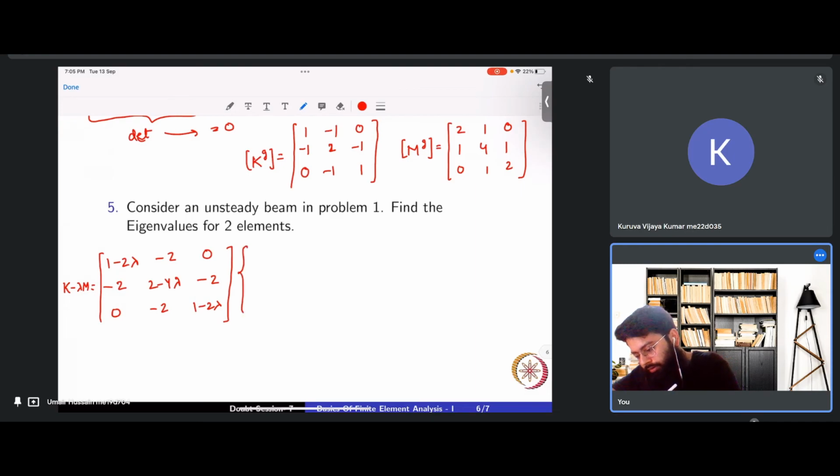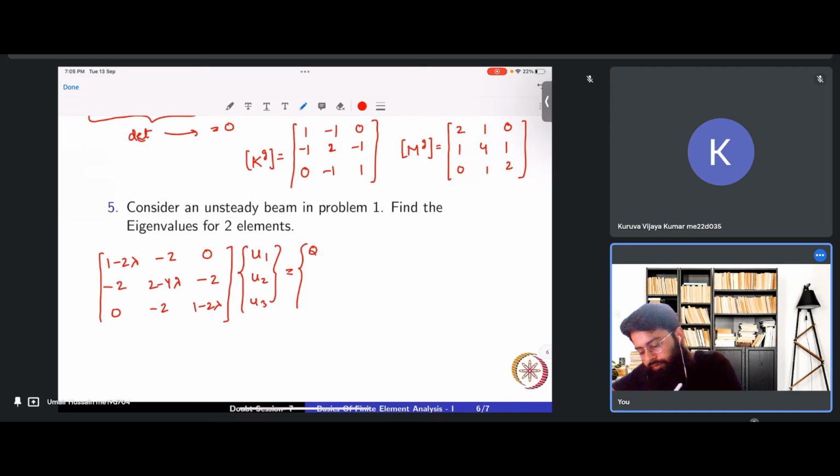And the system of equations would be this matrix times u1, u2, u3, and here on the right hand side we have all zero.